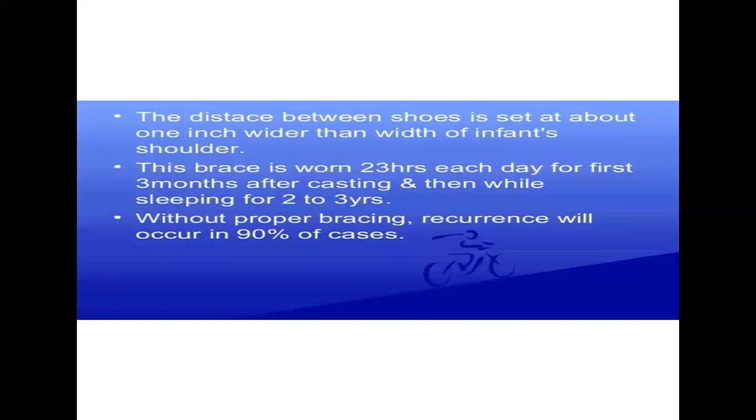The distance between the shoes is set at about 1 inch wider than the width of the infant's shoulders. This brace is worn 23 hours each day for the first 3 months after casting and then while sleeping for 2 to 3 years. Without proper bracing, recurrence will occur in 90% of cases.